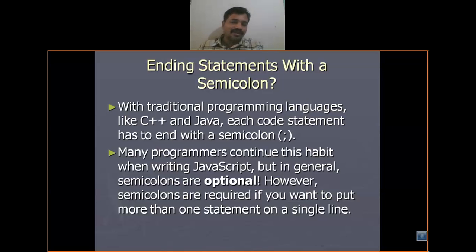So a semicolon is required at the end, because within one line you are writing multiple statements. Otherwise, when there is one line of document.write hello world, it is not required to give a semicolon.